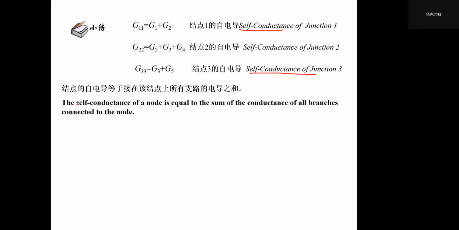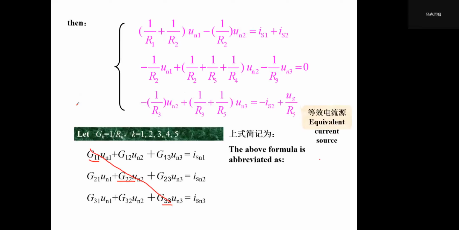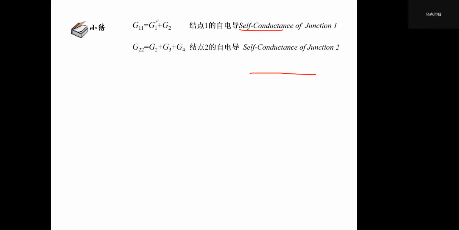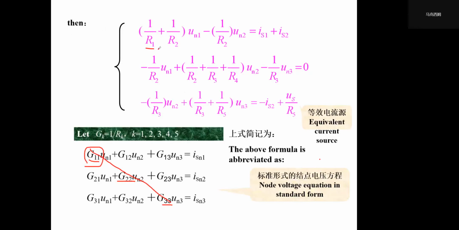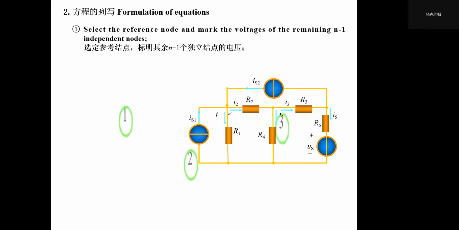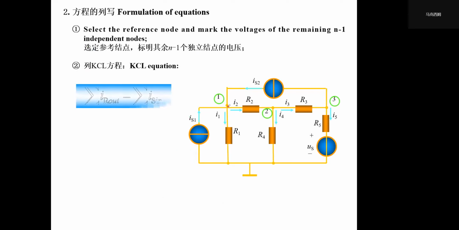So let's see G11, which equals G1 plus G2. We can go back to the circuit. For this node, we have G1 connected to it and G2 connected to it.